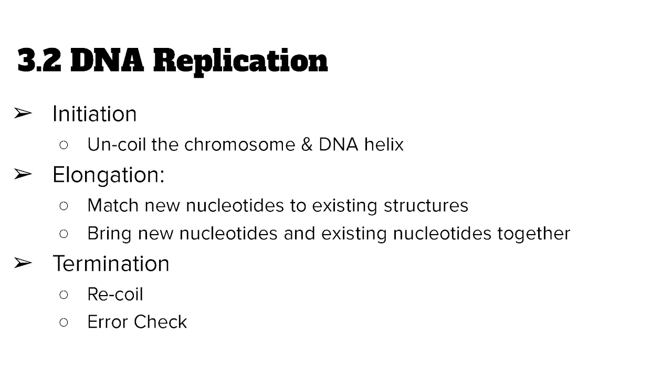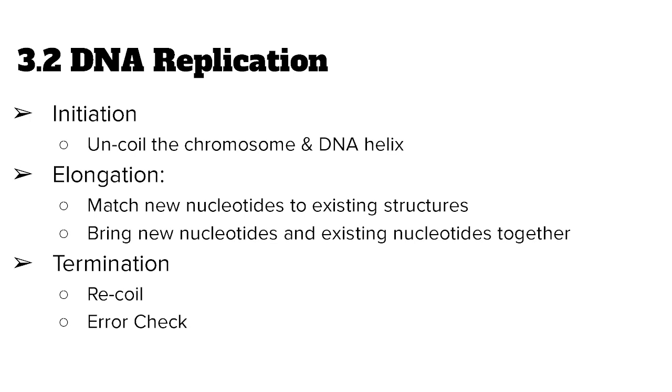So to replicate the DNA, first it has to be uncoiled. So that parent strand is all twisted up in a ladder form. It's going to have something called helicase. Helicase is an enzyme. Remember, anything that ends with ASE is going to be an enzyme. It's going to unwind the DNA. You might hear this referenced as unzipping the DNA. All right.